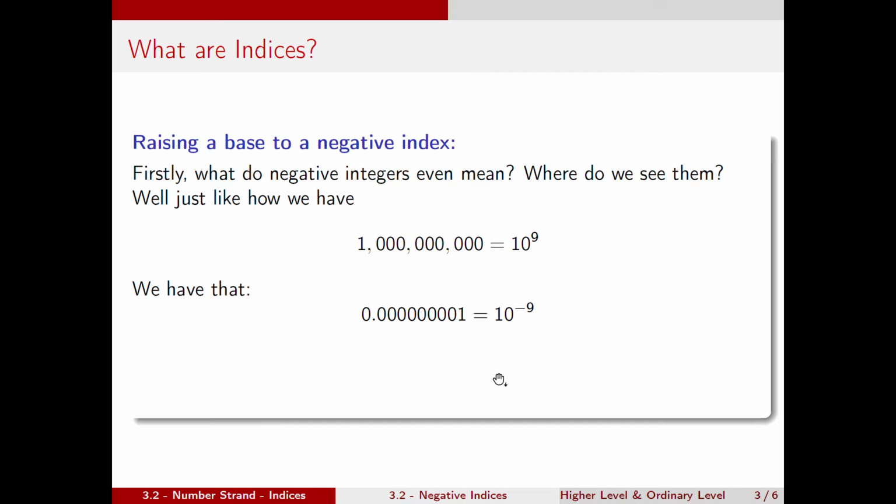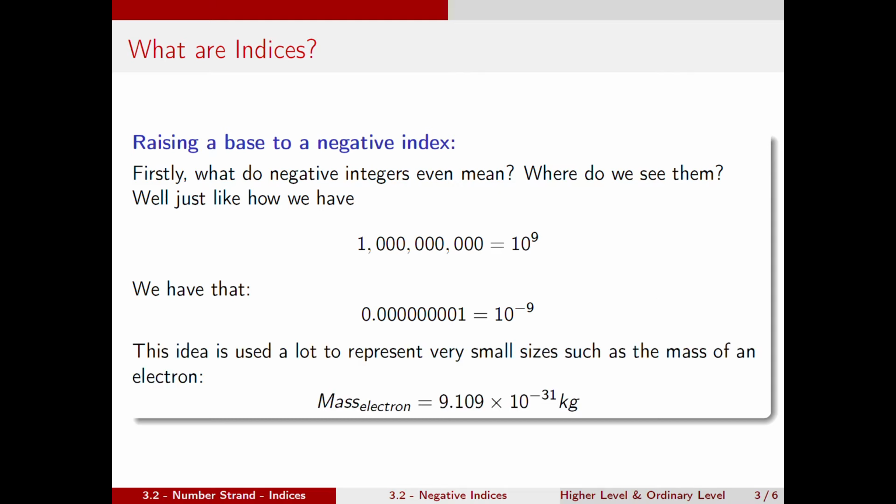But we can also use 10 to the power of minus 9, which is equal to 0.000000001, where the 1 is in the 9th decimal place. So negative powers are used for very small numbers. It's often used to represent size, such as the mass of an electron, which is 9.109 times 10 to the power of minus 31 kilograms.